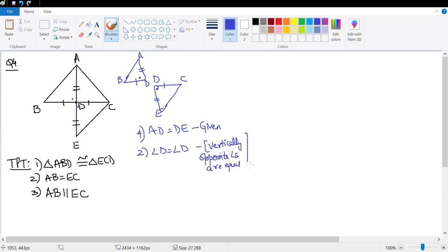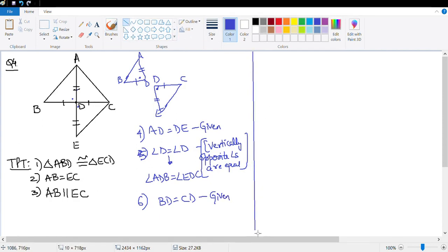Right now I've written angle D is equal to angle D. This is not the best way of writing. It's always a good habit to write your angles in 3 letters. So this is angle ADB is equal to angle EDC. Next, this is number 5, not 2, and next one is number 6, which is BD is equal to CD, given. So we have got 3 points that we needed to prove congruency.